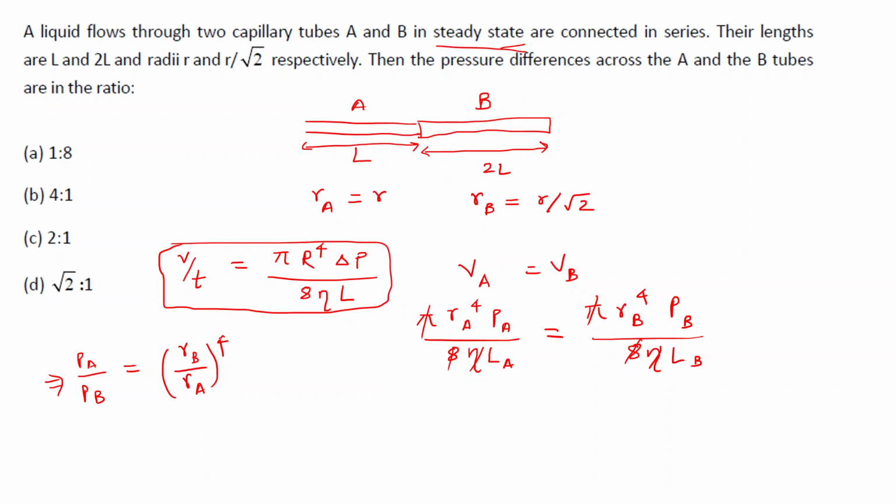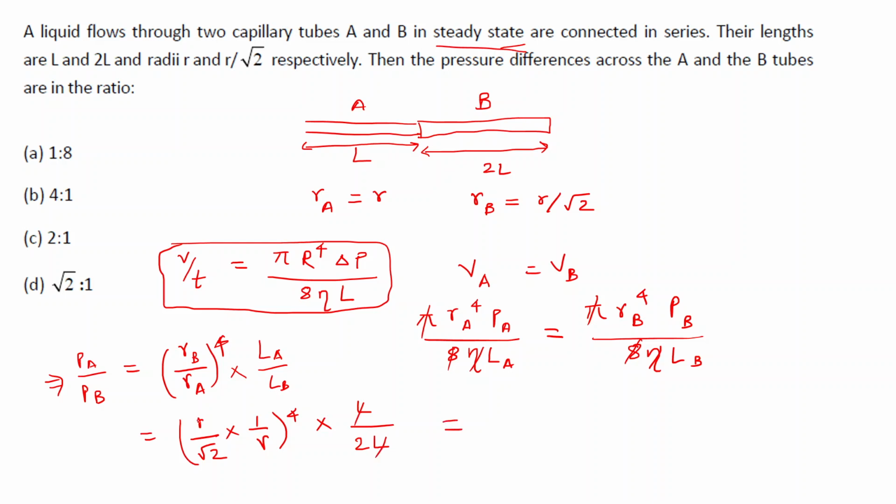So PA over PB is RB over RA to the power 4 times LA divided by LB. Now substituting the values, the radius of tube B is R by root 2, the radius of A is R, to the power 4, multiplied by the length of tube A, which is capital L, and the length of tube B, which is twice L.